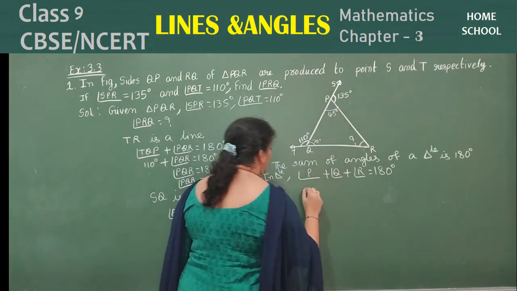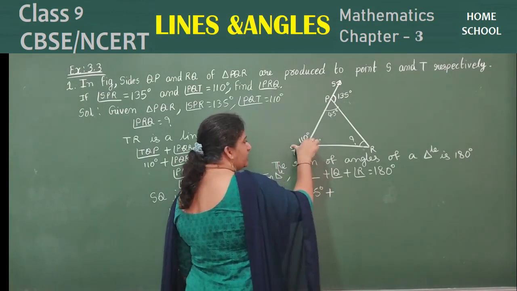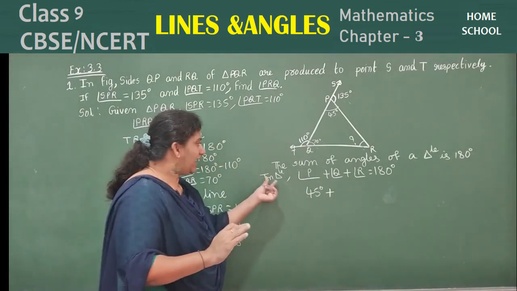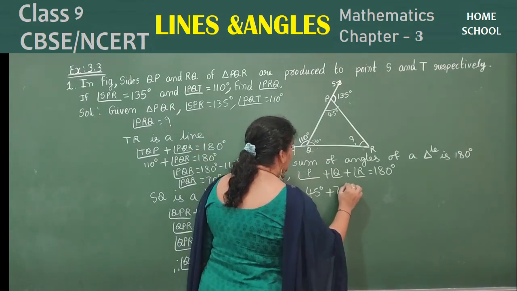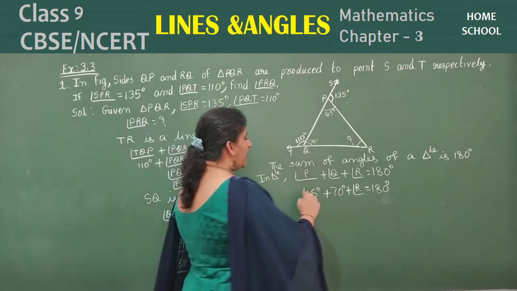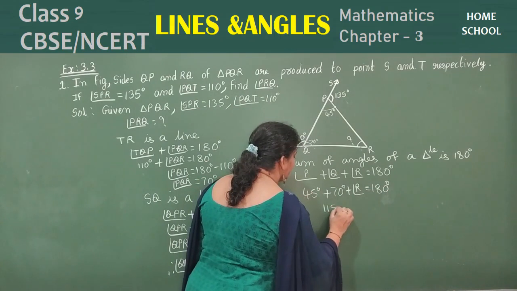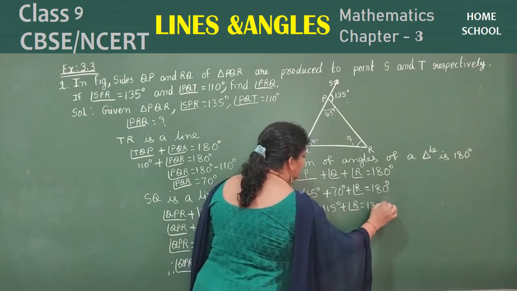This angle is how much? 45 degrees plus this angle, not this angle. Q means the complete angle you are going to get. So in the triangle, this angle is 70, plus angle R is equal to 180 degrees. So add these two, children. 45 plus 70 is how much? 115 degrees plus angle R is equal to 180 degrees.